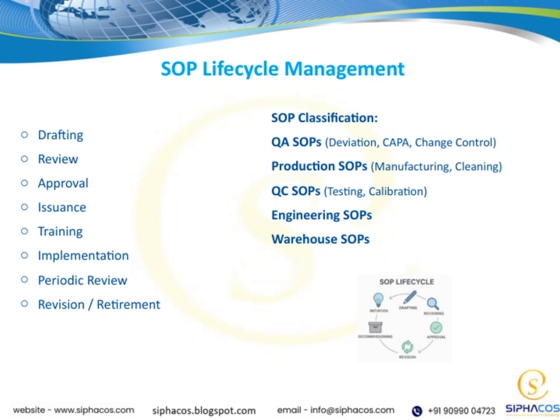Periodic review is necessary to keep procedures current and relevant, and revisions or retirements are made when updates are needed or procedures become obsolete. All these classifications and life cycle steps are interconnected, forming a comprehensive system that supports quality, compliance, and continuous improvement across all aspects of our operations.